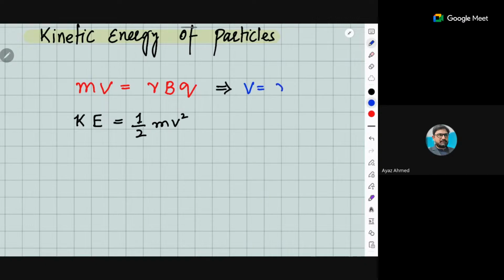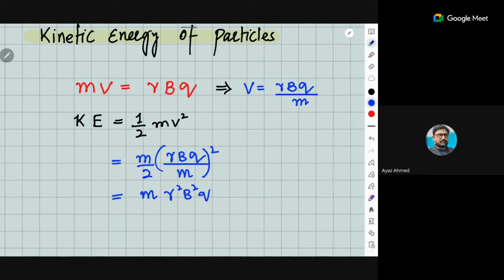Velocity is equal to rBq divided by m, isn't it? Just plug it in over here: m into (rBq divided by m) whole square. So it is m into r square B square q square divided by 2m square.